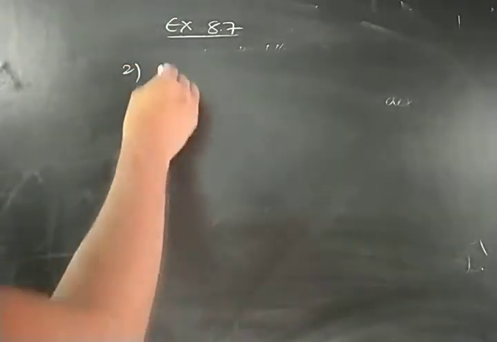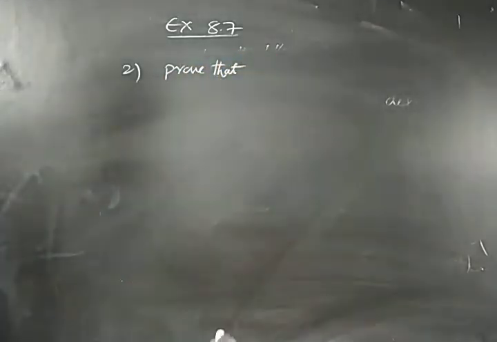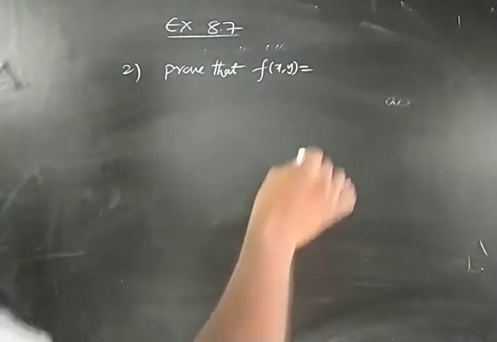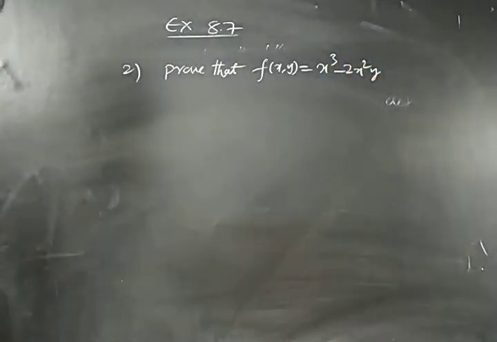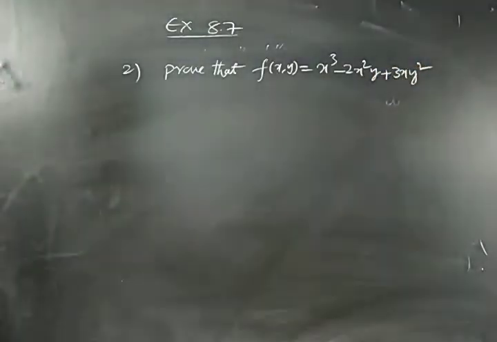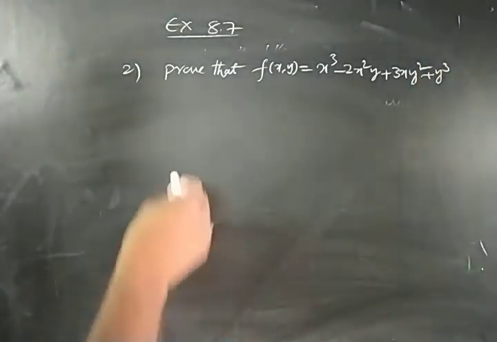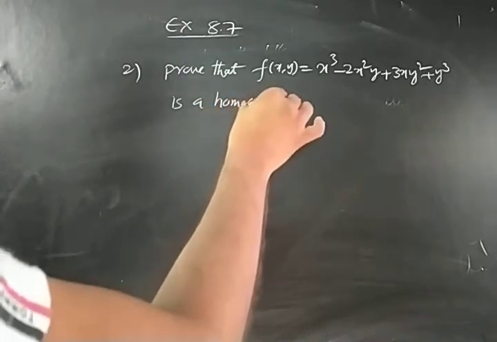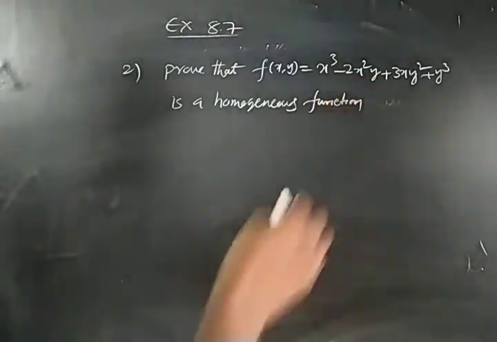Second one, second bit. Prove that f of x comma y equal to x cube minus 2x square y plus 3xy square plus y cube is a homogeneous function.